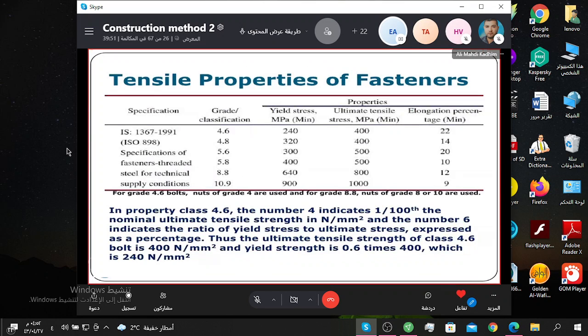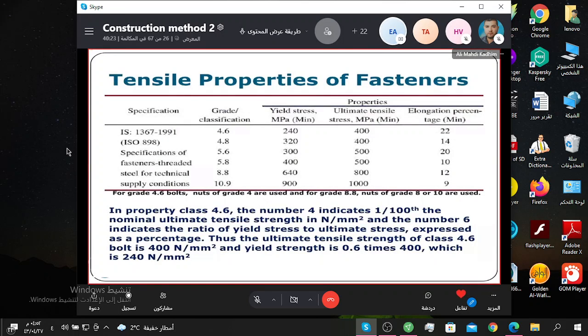Tensile properties of fasteners. The figure shows tensile properties of fasteners. In property class 4.6, the number 4 indicates one hundredth of the nominal ultimate tensile strength in Newton per millimeter square, and the number 6 indicates the ratio of yield stress to ultimate stress expressed as a percentage.